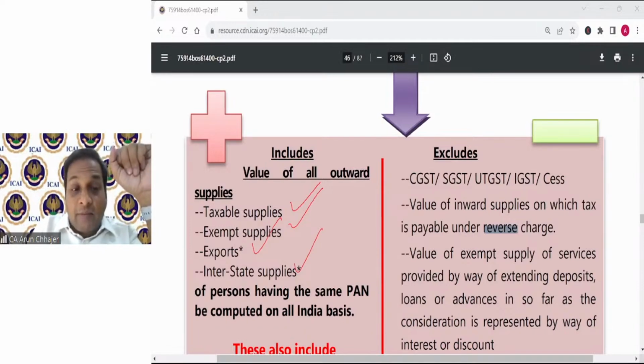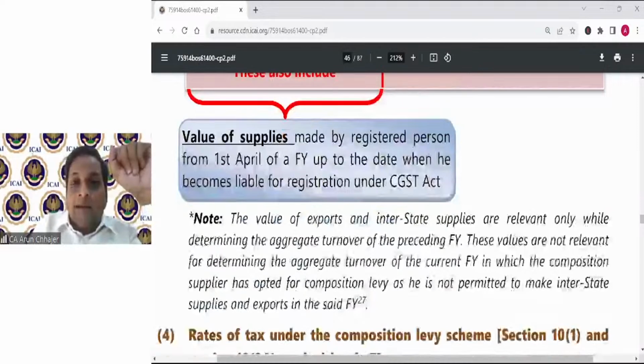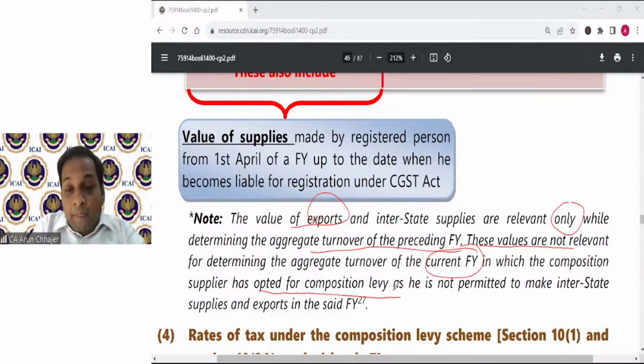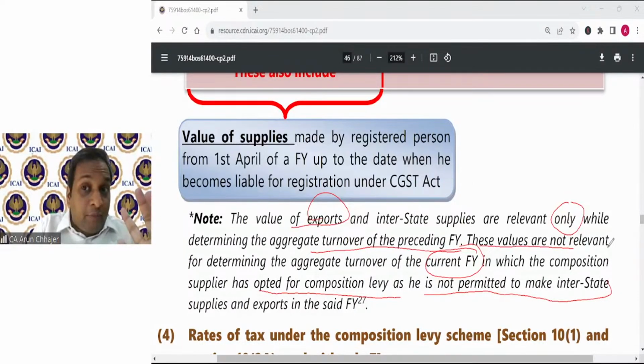But they are giving the star mark. What is the star mark? That interstate and export. Export is also interstate, correct? Are relevant only while determining the aggregate turnover for the preceding financial year. These values are not relevant for determining the aggregate turnover of the current financial year in which the composition has been opted for, as composition is not permitted to make the interstate supply and export in the said financial year. Very, very important.